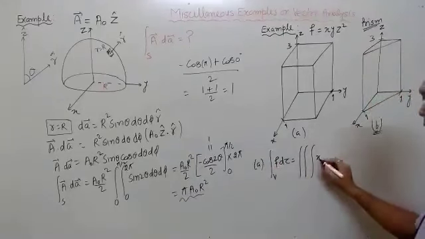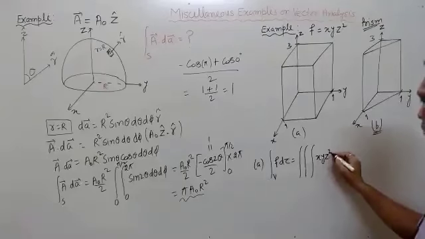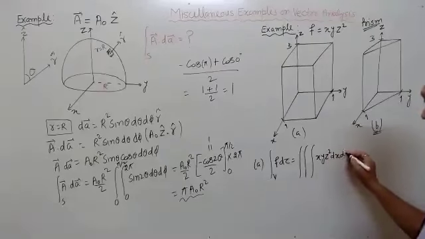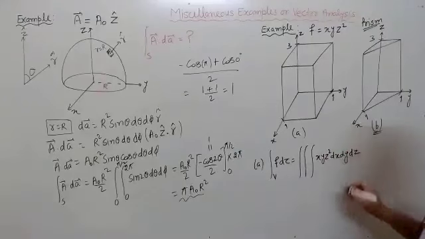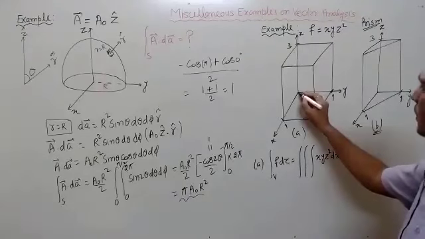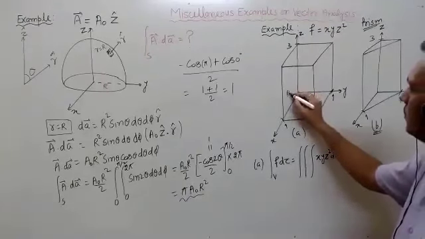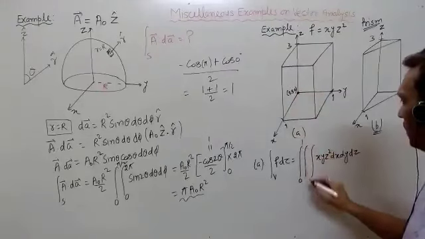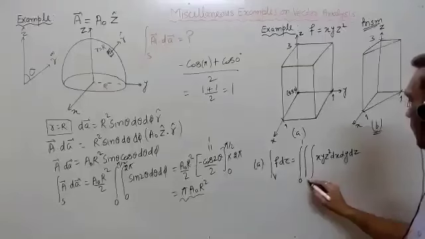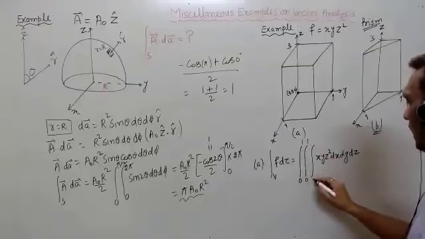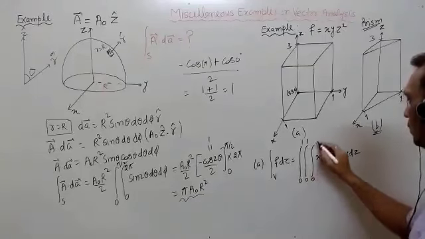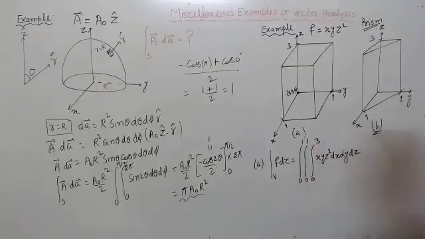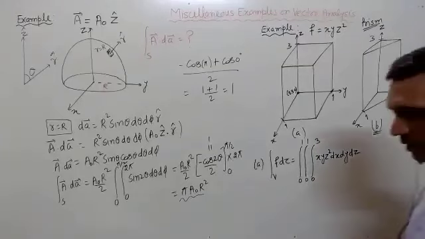That will be x y z square dx dy dz. This will be the origin. x will be 0 to 1, y will be 0 to 1 and z will be 0 to 3. So calculate this limit.